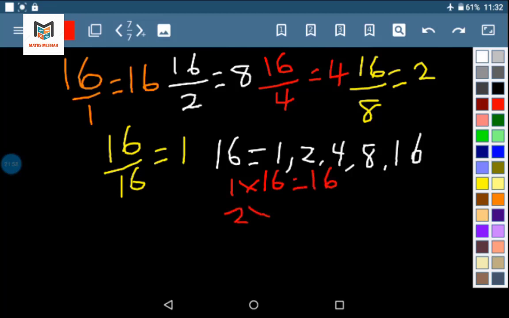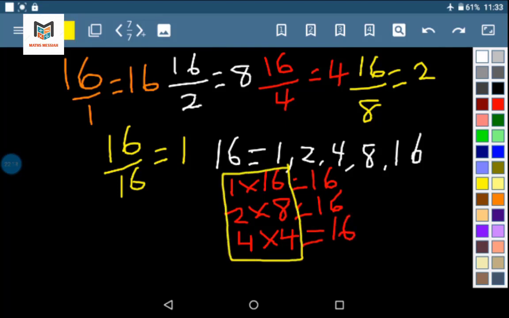Multiply 2 by 8, you get 16. Multiply 4 by 4, you get 16. So this suggests that all these numbers are factors of 16.